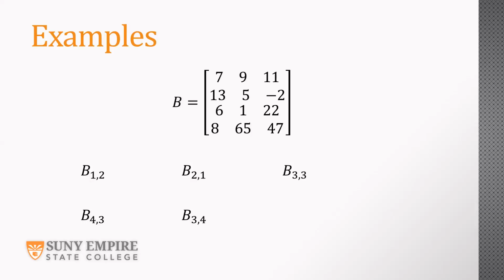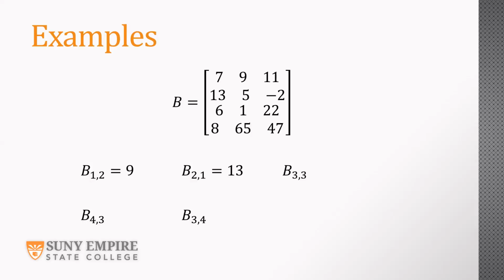We want to find B sub 1,2, B sub 2,1, B sub 3,3, B sub 4,3, and B sub 3,4. B sub 1,2 means we want to be in the first or top row and the second column from the left. So B sub 1,2 is 9.